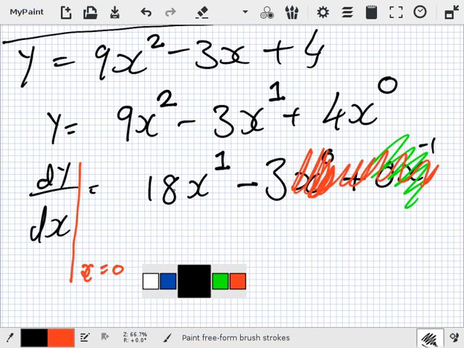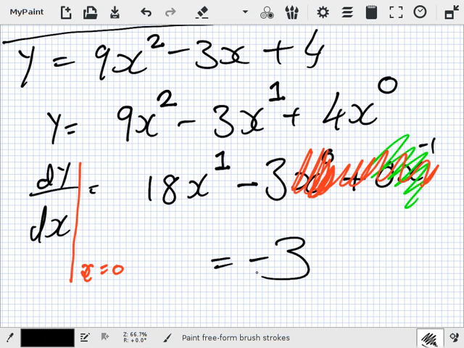So I'm left with 18 times 0 minus 3, which is minus 3. So you've now seen 3 ways to get this slope: by using the discriminant, by using first principles, and by using the rule we've just found. 3 ways. So what I'm going to show you now is a table of derivative rules.